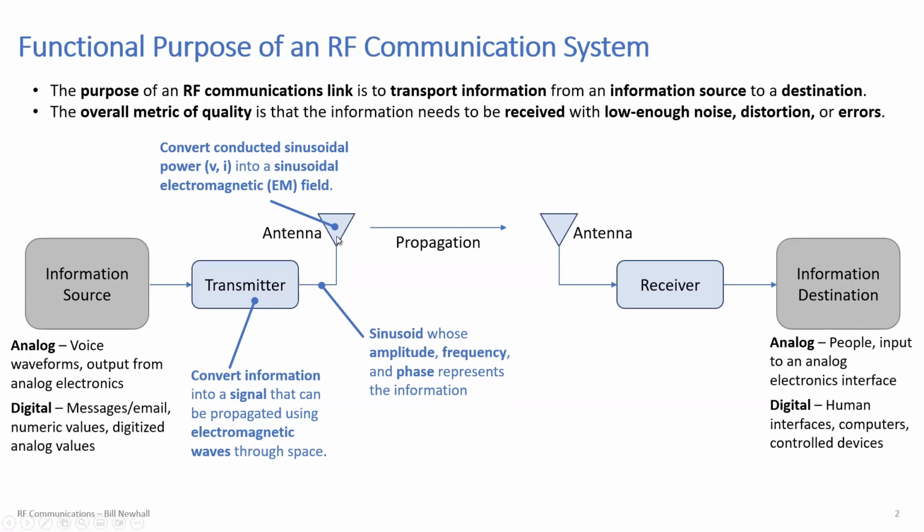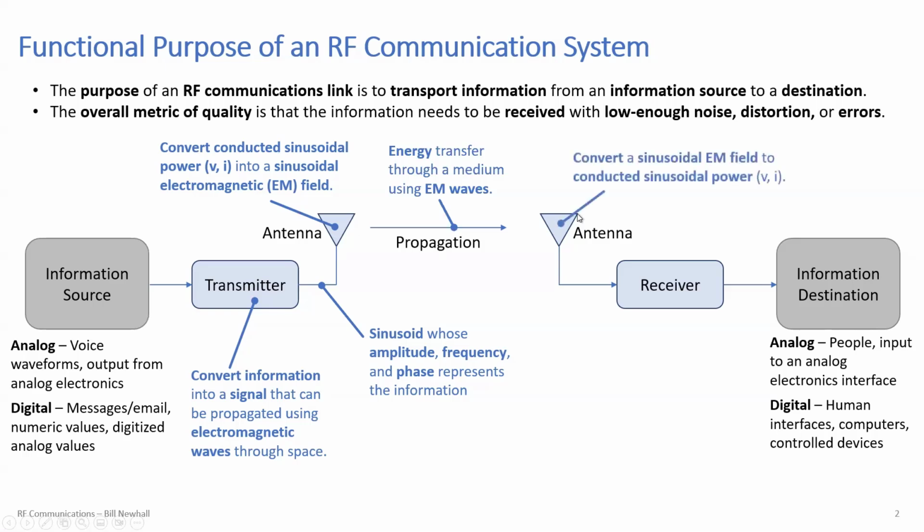And that antenna is converting that conducted power to a sinusoidal electromagnetic field that can be propagated through a medium, a vacuum, air, typically, something like that, using electromagnetic waves. At the receiver, you have an antenna, and that antenna, the receive antenna, converts that EM field, that modulated sinusoidal EM field, to conducted sinusoidal power, right?